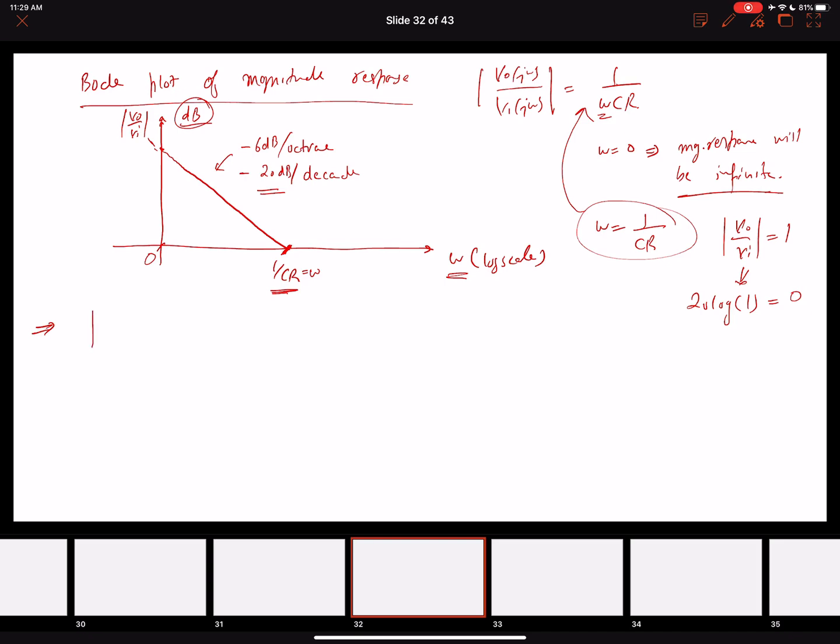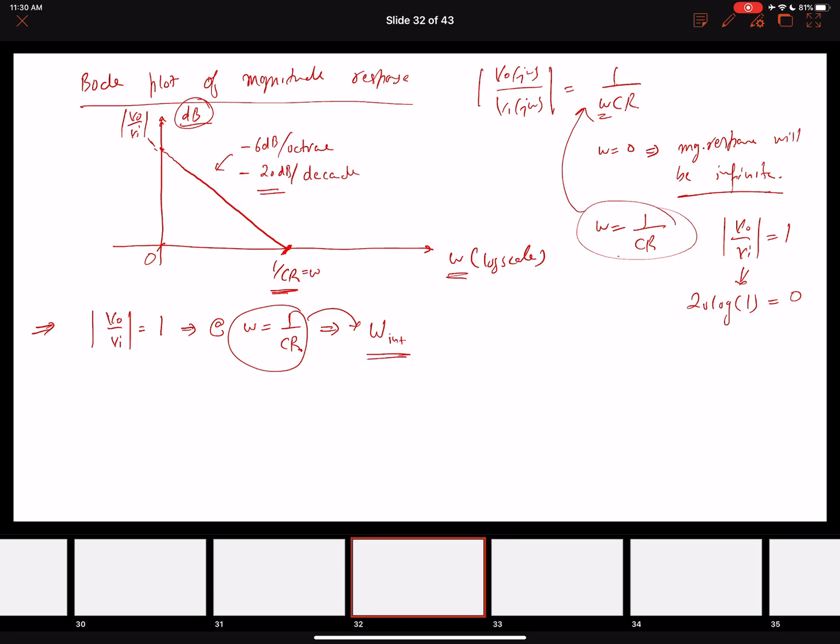All right, so at this frequency, when omega naught over omega I equals 1, which was at omega equals 1 over CR, this frequency is also known as omega int.